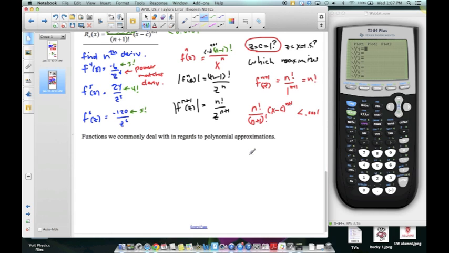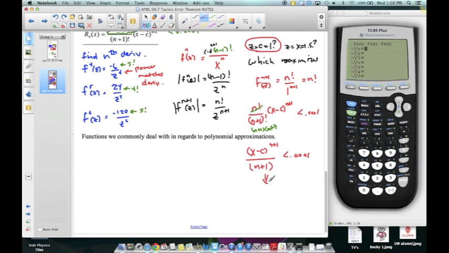If we simplify this, that is x minus c to the n plus 1 over n plus 1. That's how that cancels out, because this is n plus 1 times n factorial, and so the n factorials cancel. And so we have to keep that less than 0.0001.